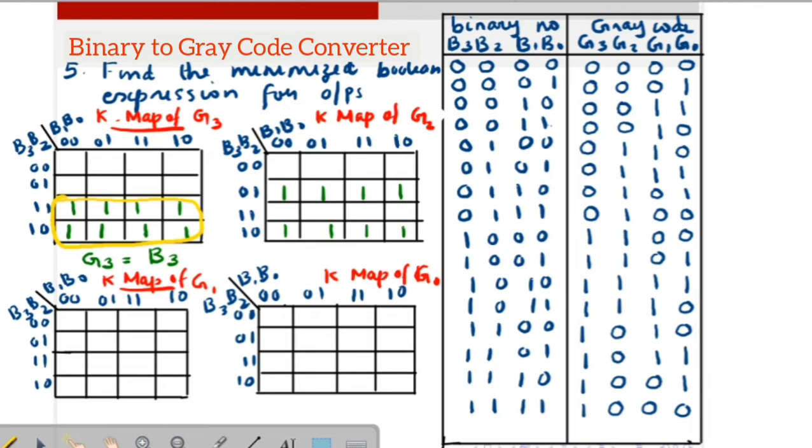Okay, next we can group them. So here 2 groups. First one a quad, second is again a quad.